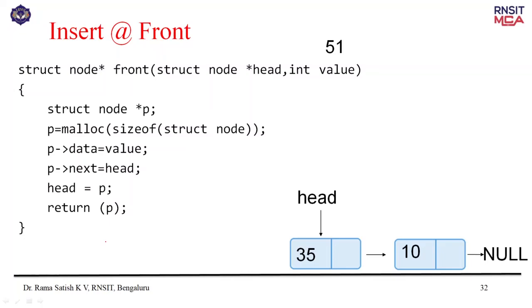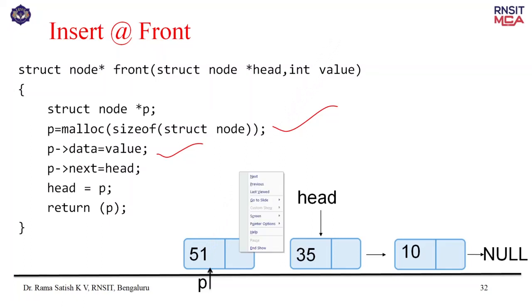Next, in the next trial, 51 is the value that is being passed to the function. So now a new node has to be created, and the value 51 has to be added to the data part, and later the P of next, that is this portion, has to connect to the head.